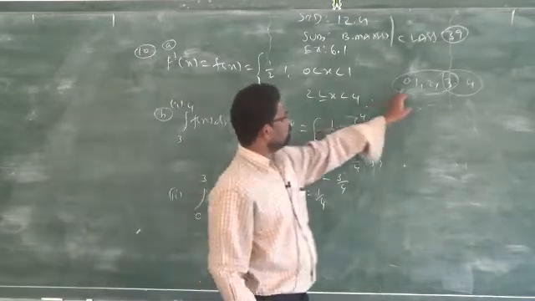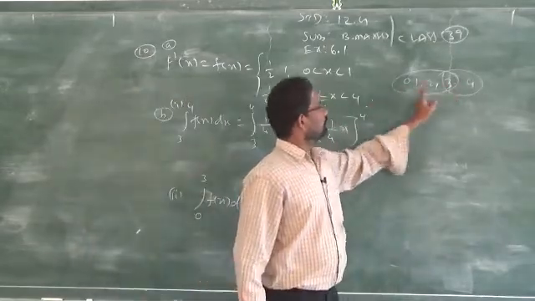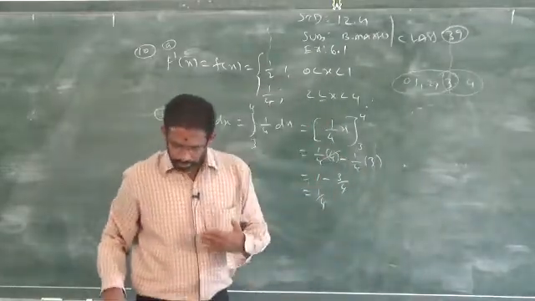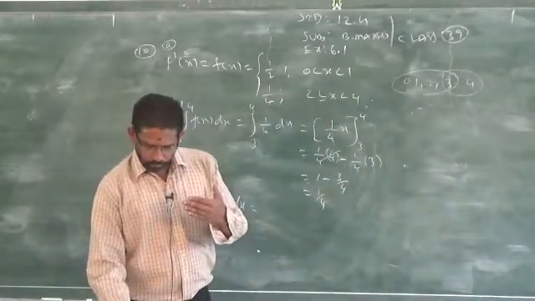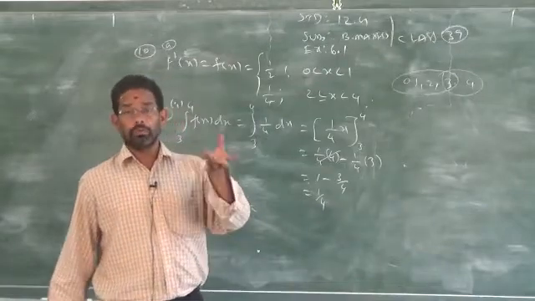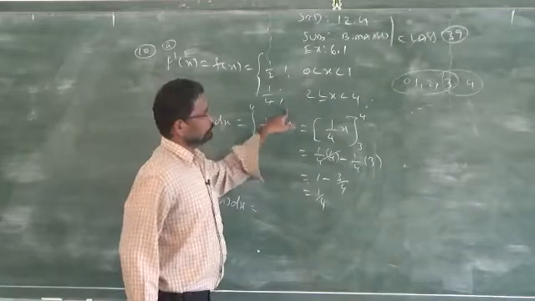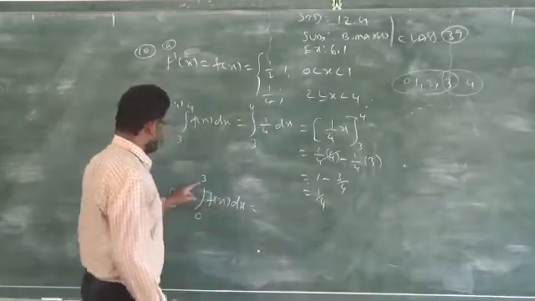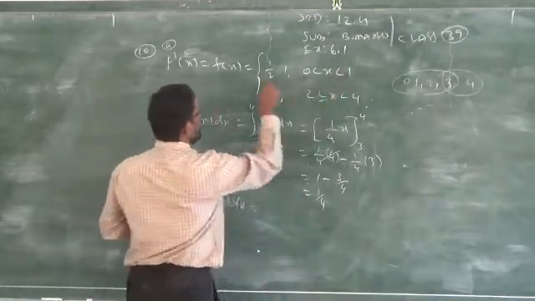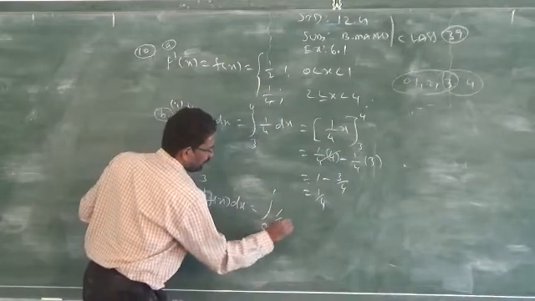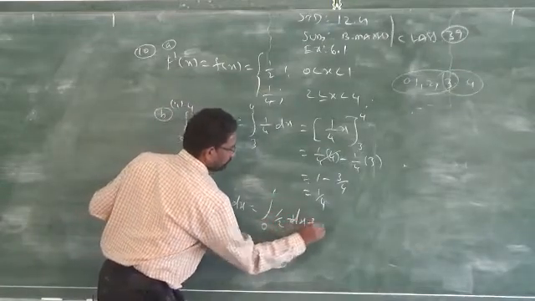The interval from 0 to 4 is split into how many categories? 1, 2, 3, 4, 5 categories, isn't it? Out of the 5 categories, we got a PDF only for 2. So, for 0 to 3, from 0 to 1 we have one function: 1 by 2 dx.